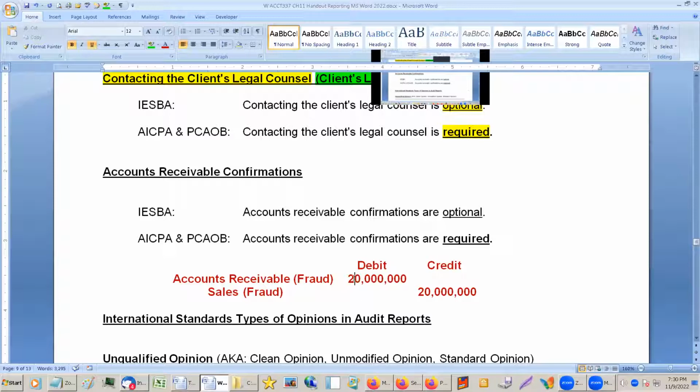They're fictitious. They're not real. So confirming the accounts receivable, that's where you actually send out confirmation letters saying, do you owe this money? Those are important because you can find stuff like this.